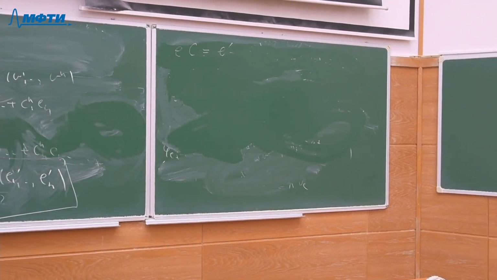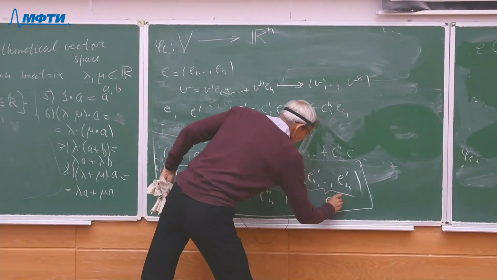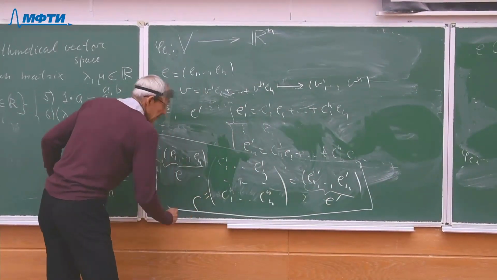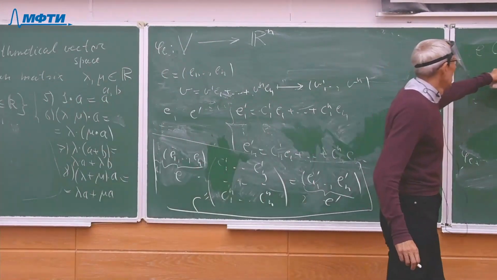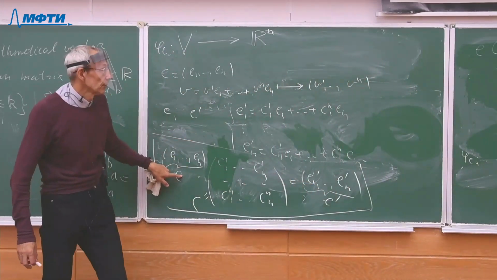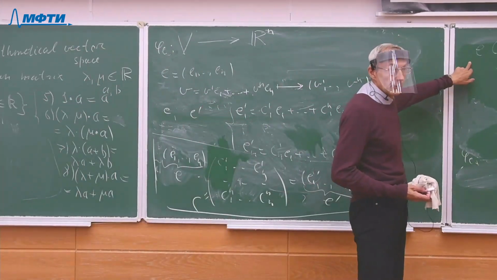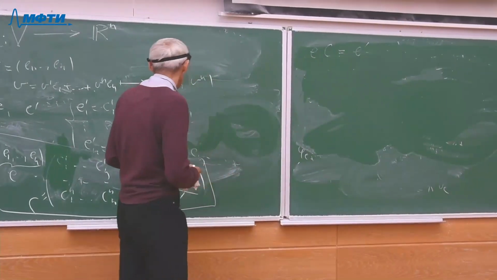This basis I denote by E, this basis E prime, and this matrix C. And I can rewrite this long formula in this short matrix form.